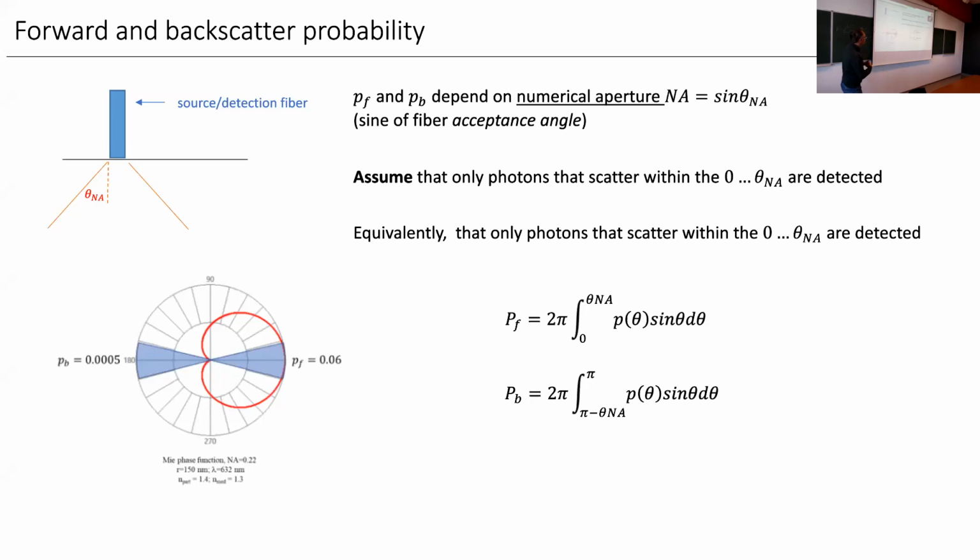That means that PF and PV in practice are going to be defined as follows. If we have a certain phase function here on the polar plot, then PF is going to be the integral of that phase function from 0 to the numerical aperture in the forward direction, and the backscatter fraction is the integral of the phase function over the opening of the NA in the backward direction.